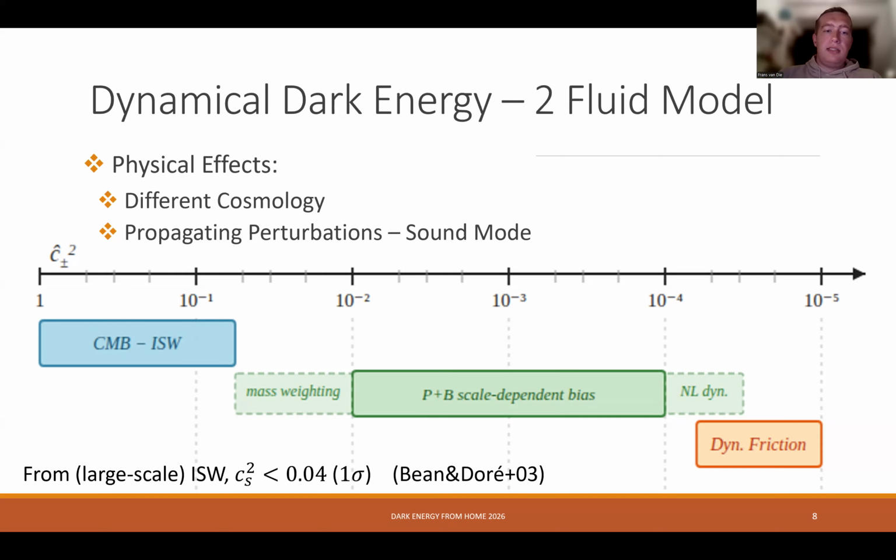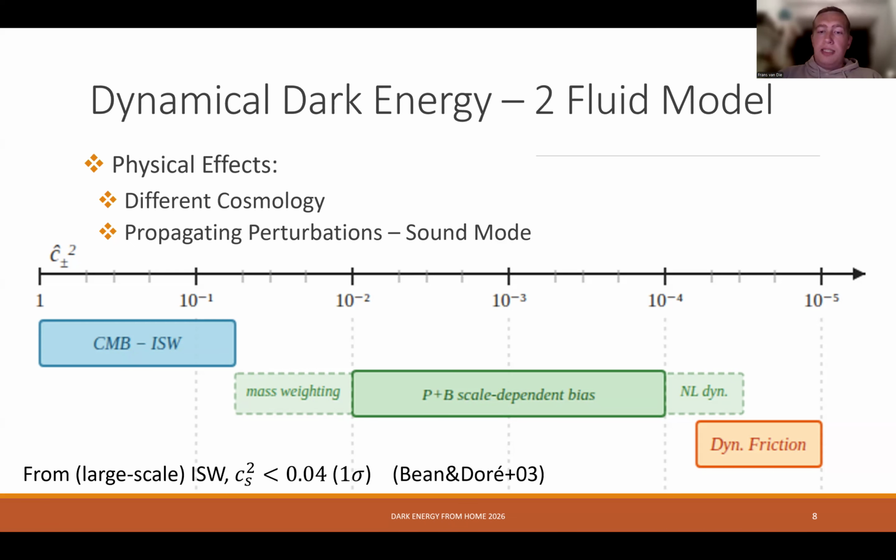On the largest scales, this may leave imprints on the CMB in the ISW effect. And in 2003, one paper came out that suggested that the sound speed squared may be smaller than 0.04. This is only a very light indication, though, only 1 sigma, but still.